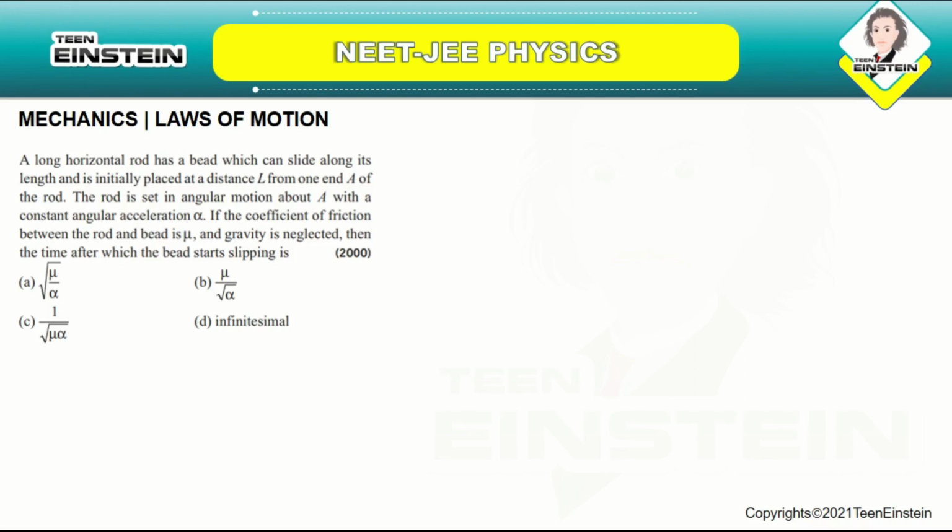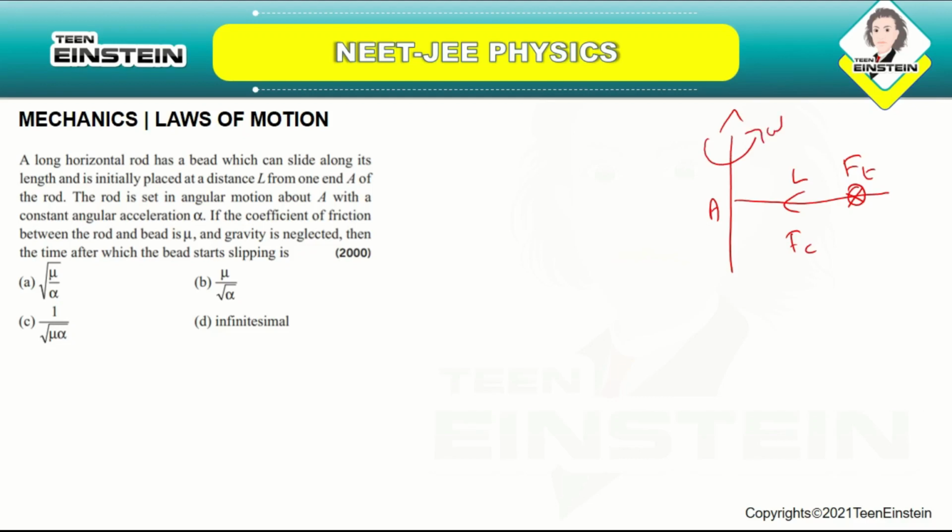So you can draw the diagram for it like this. You are having the rod over here, and you are having the bead which is sliding over the rod, and the force Ft, and this is Fc. Here you are twisting the rod, it is set in an angular motion, so here it is omega.